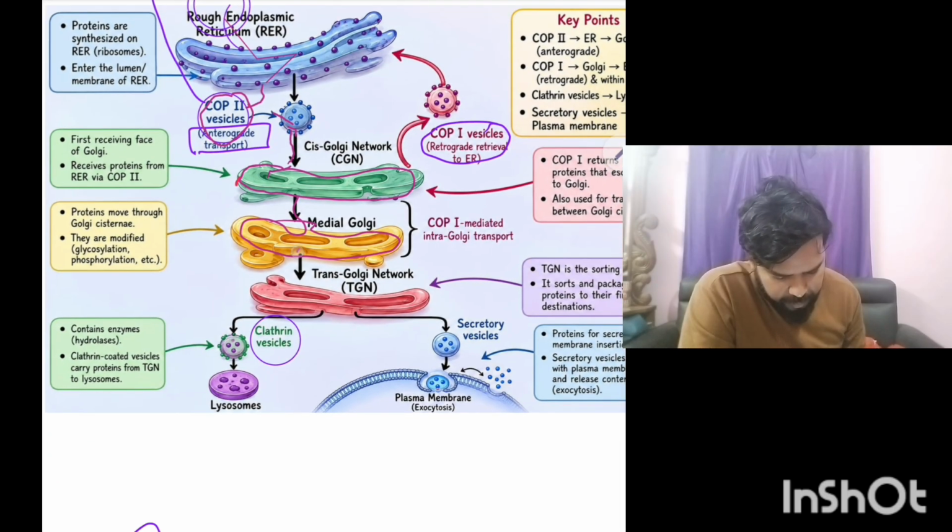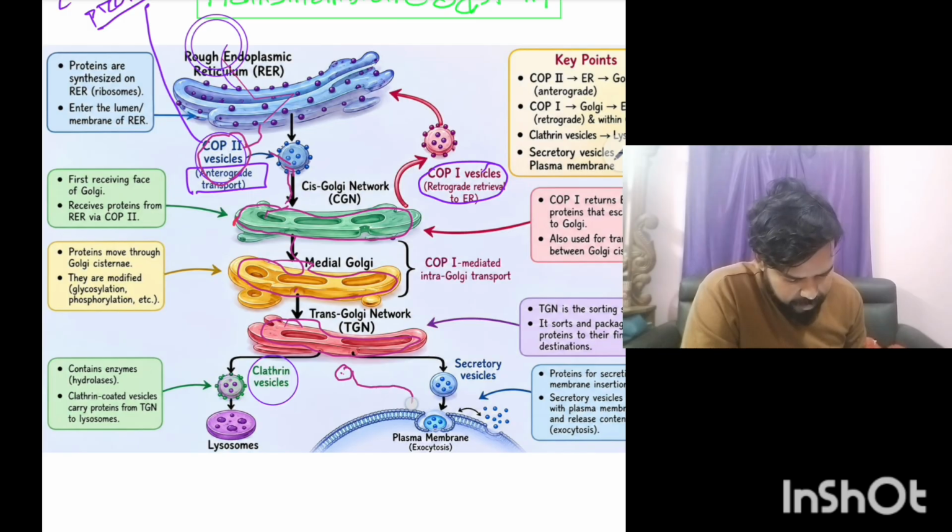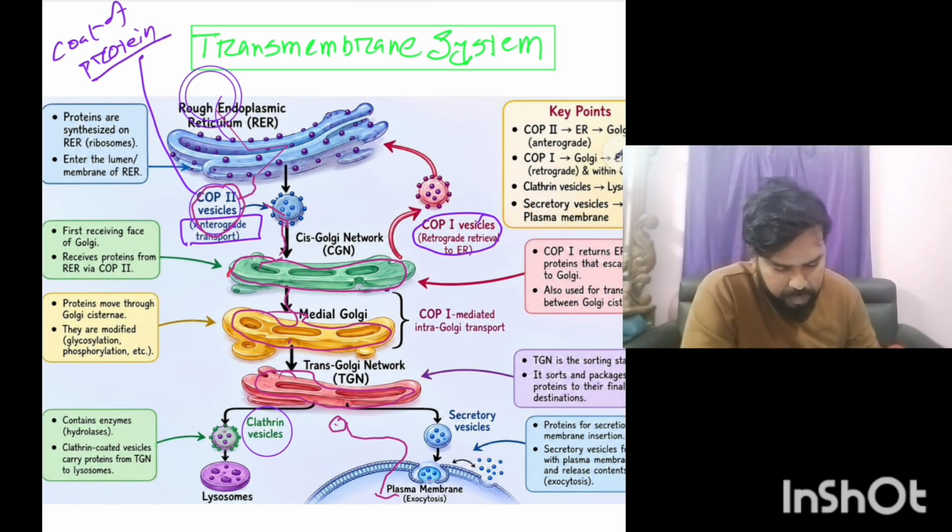Then later it enters the trans Golgi. Here transformations of the vesicles take place, and if it is necessary, it remains in the cell, or if it is unnecessary, it is released through exocytosis. This is the function of COP2 vesicles. Now during these procedures, if the nucleus decides the protein is necessary, then after modifications in the Golgi body, the protein enters another vesicle.